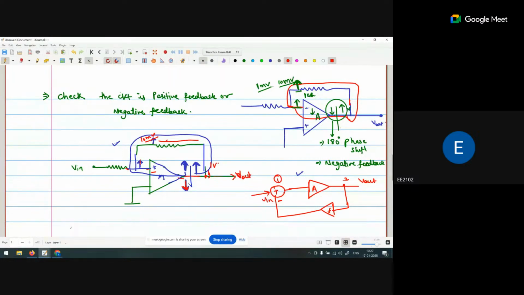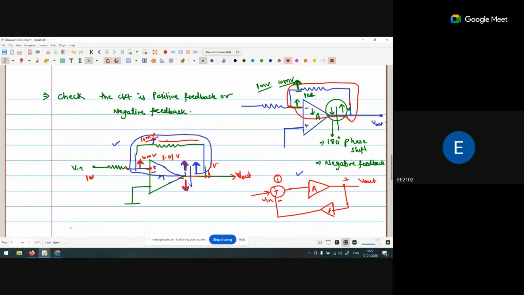If this is 10 millivolt and I say it is 1 volt, what we are getting here is 1.01 volts.